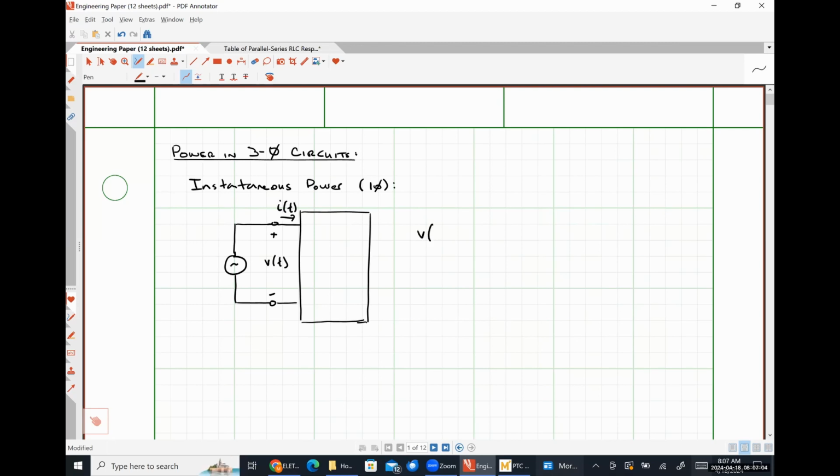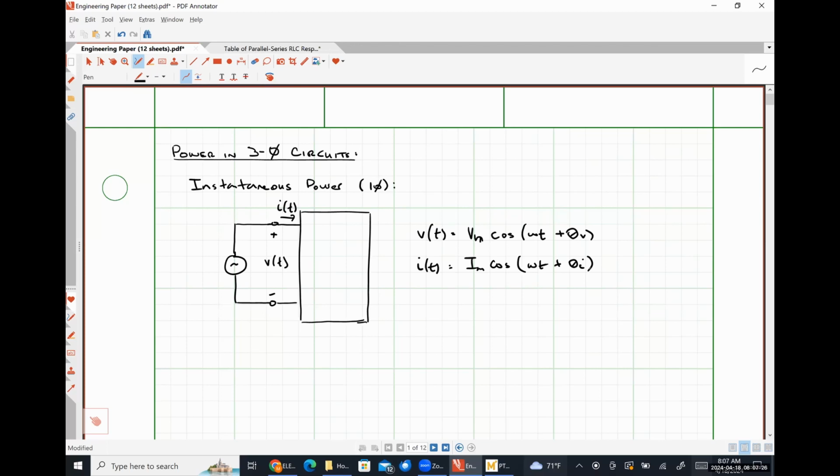In a single phase system, we know that V of t will be of the form Vm cosine(omega t plus theta v). And I of t will be of the form Im cosine(omega t plus some phase angle theta I), right?